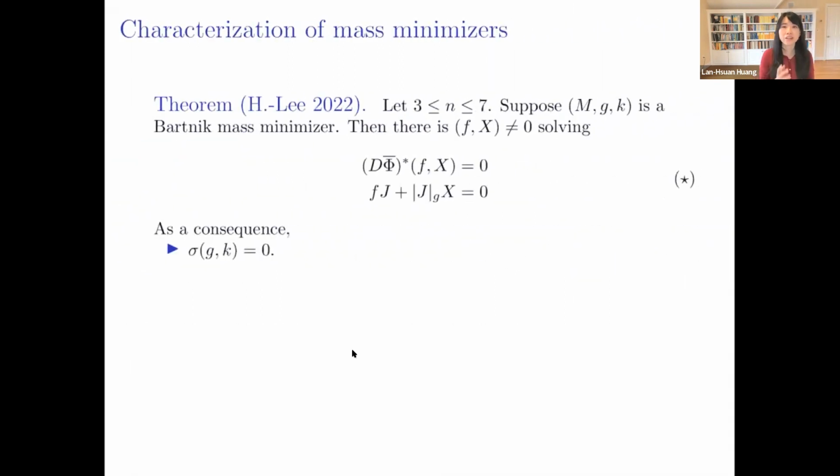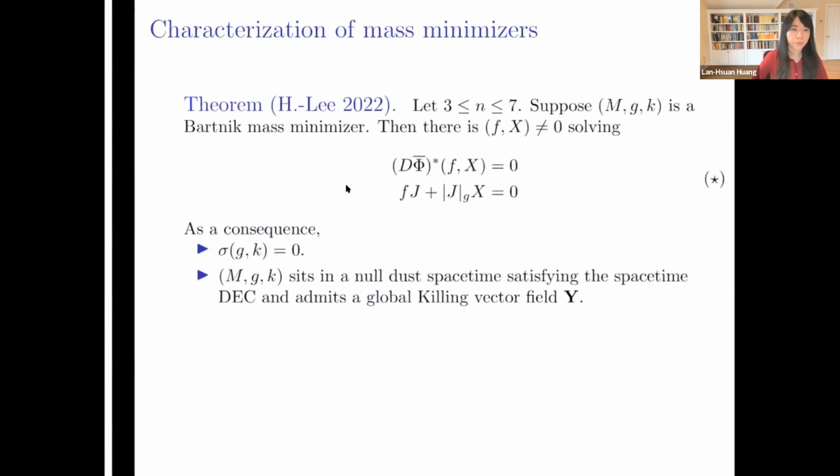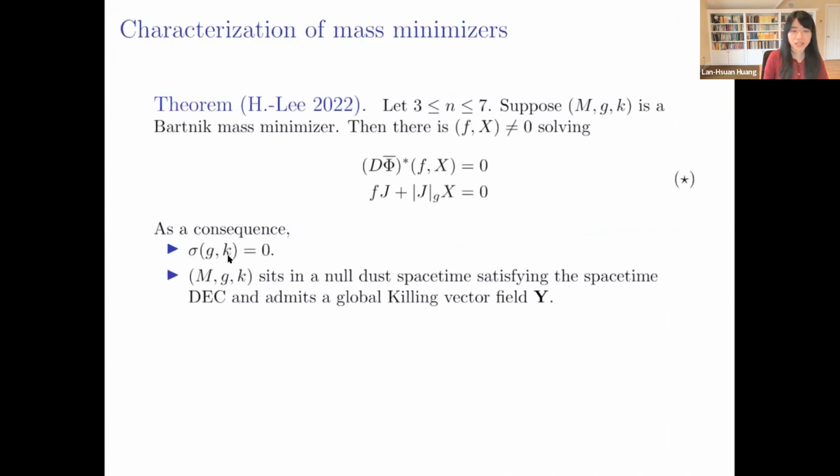Putting this together, if we have a minimizer, then we have a non-trivial solution to the system. Now we can list all the consequences we already derived earlier about having a non-trivial solution, which is that the dominant energy scalar is constant. So it's 0 in the case of asymptotically flat, and it has to sit in a no-dust spacetime with a global Killing vector.